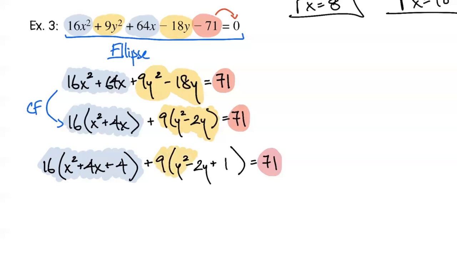Now, I argue that this last line that I've written here, the way it's written right now, is mathematically incorrect.